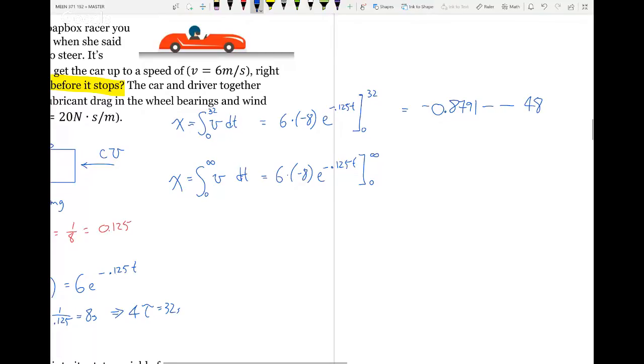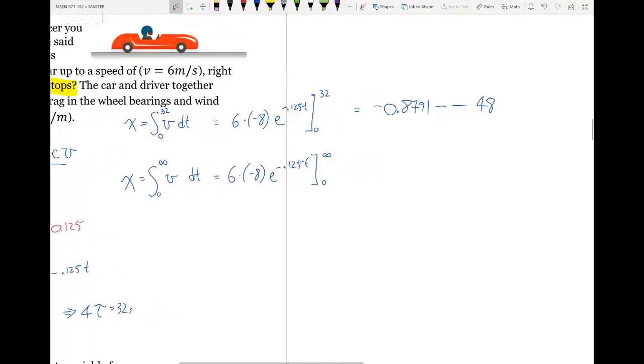And that's going to give us a distance of 47.12 meters.